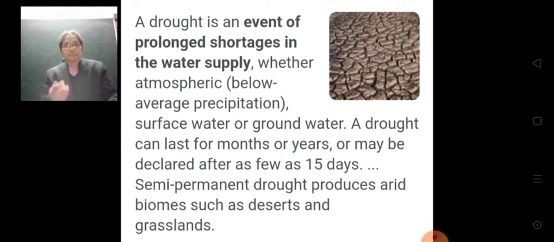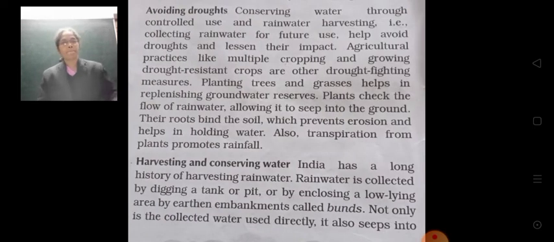Droughts occur because of the deficiency of rainfall. Now let us see how to avoid droughts.